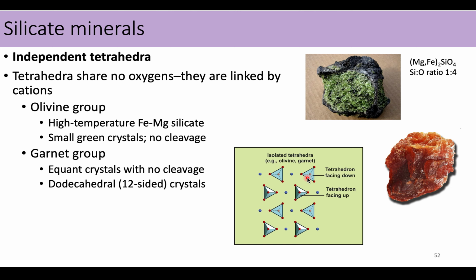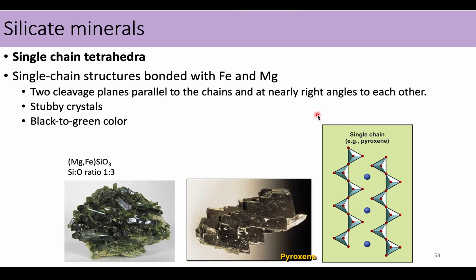Some examples of these minerals would be olivine, which is this very fun green mineral, or garnet. These minerals do not have cleavage, so they do not break in any specific direction, because they are not connected together atomically.